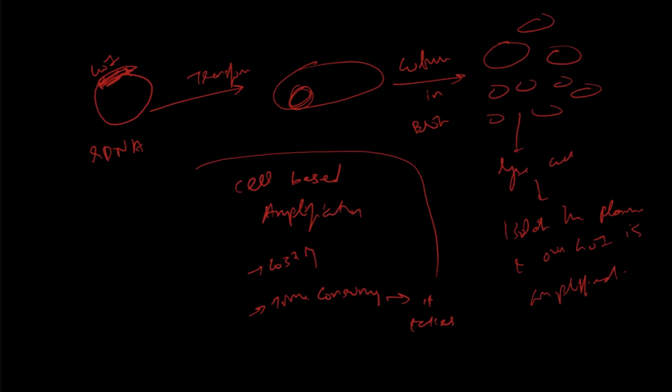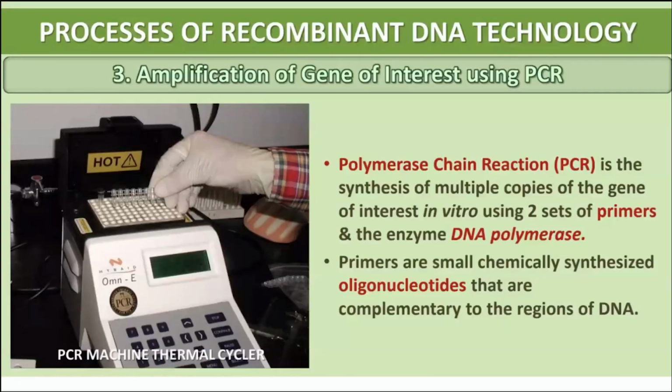So as an alternative to this amplification method, we have another amplification, and that is using PCR, that is polymerase chain reaction. First of all, you should know one thing: this is the cell-free amplification of DNA.